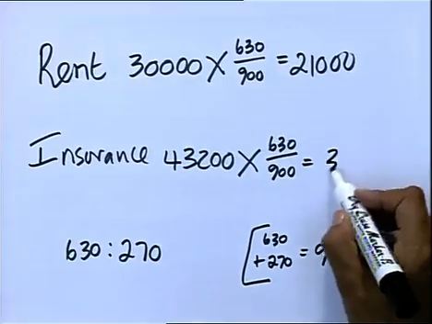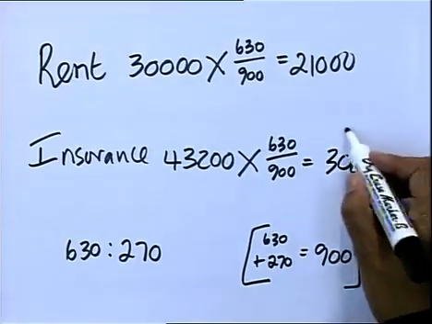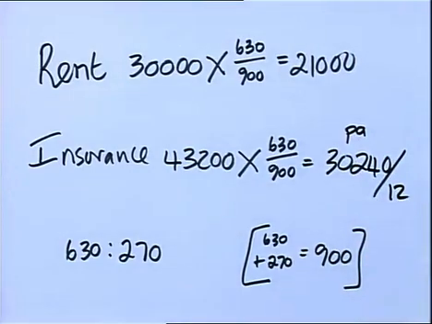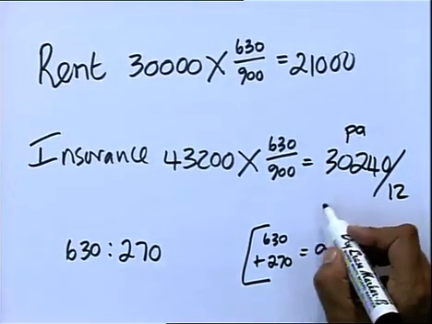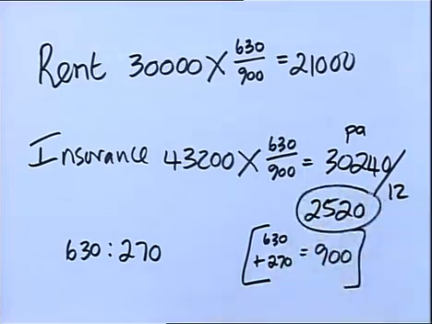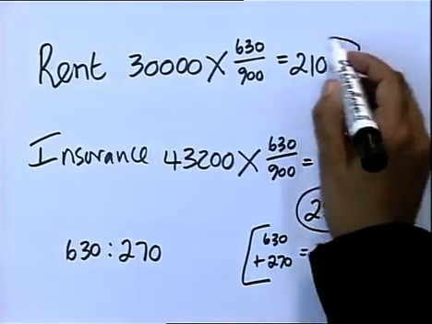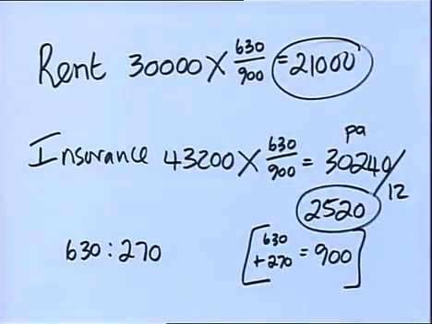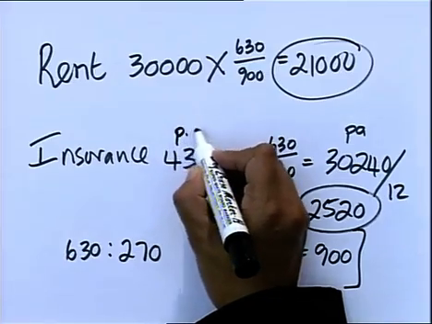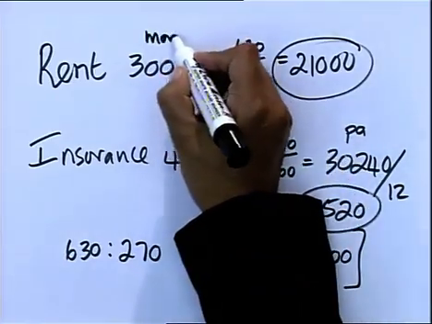Okay, you're going to get 30,240 per annum. You're going to divide that by 12 to get a monthly insurance of 2,520. So that is what we're going to put in our production cost statement. This is insurance per annum, and that is monthly.